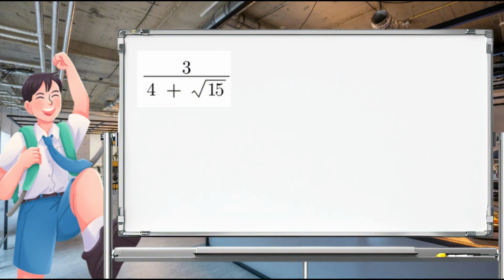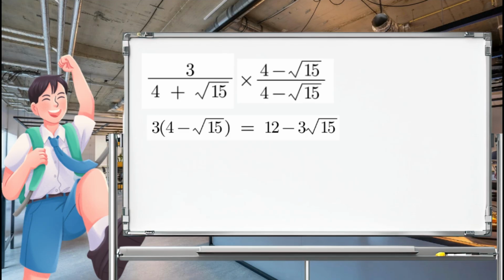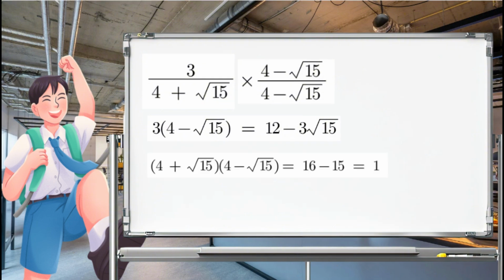The problem is 3 over 4 plus the square root of 15. He uses conjugates and multiplies it to the numerator and to the denominator. After simplifying, the numerator is 12 minus 3 square root of 15, and the denominator is now the number 1.